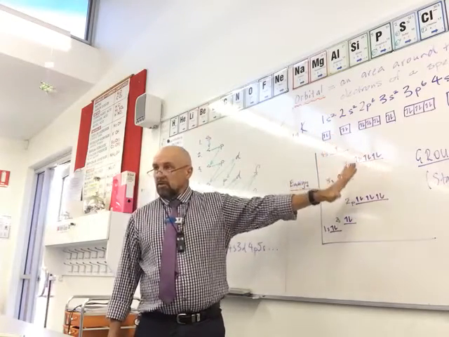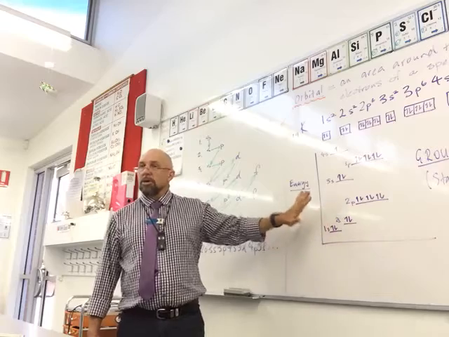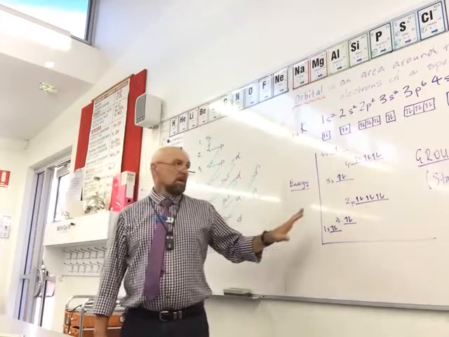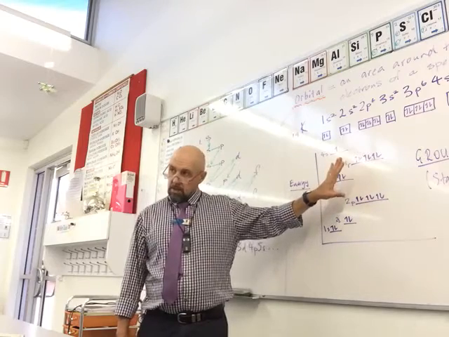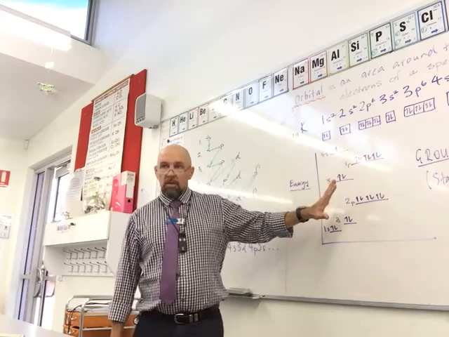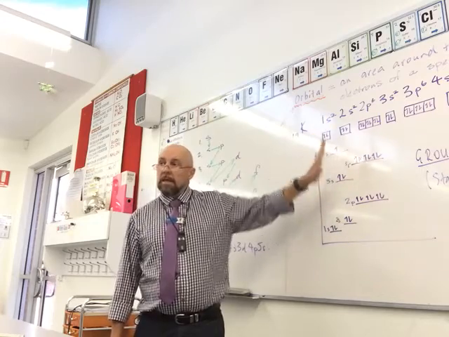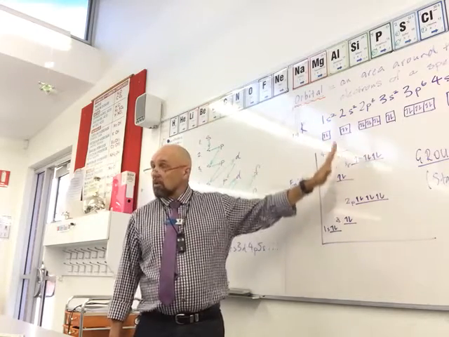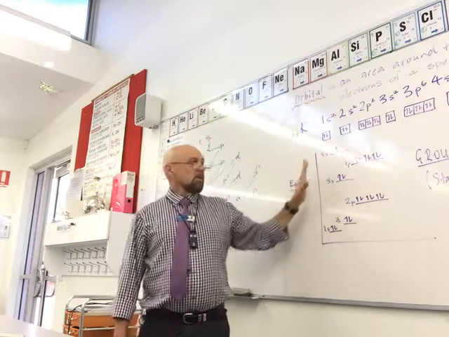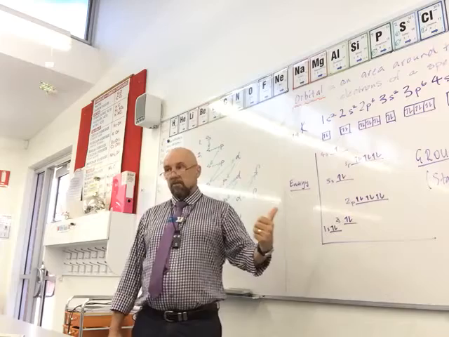The way we move electrons around is through exciting them, and the way we excite electrons is normally by heat. If we heat potassium, we can cause the electrons to go up to another energy level. It's not stable, so the excited state is unstable, but it's like a fingerprint for potassium.